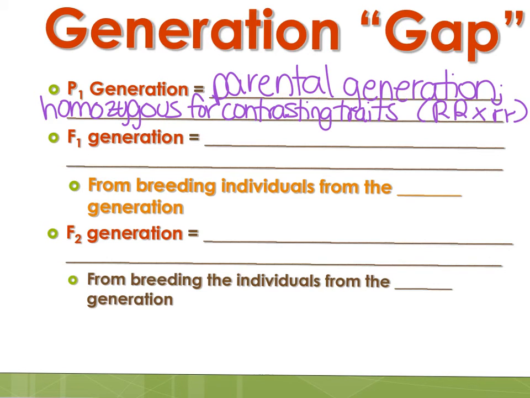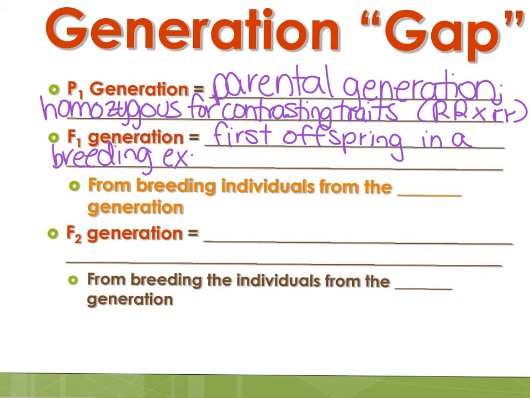What is the F1 generation? It does mean first filial. This is going to be our first offspring in a breeding experiment. And it comes from breeding the P1 generation. That's from our parent generation.